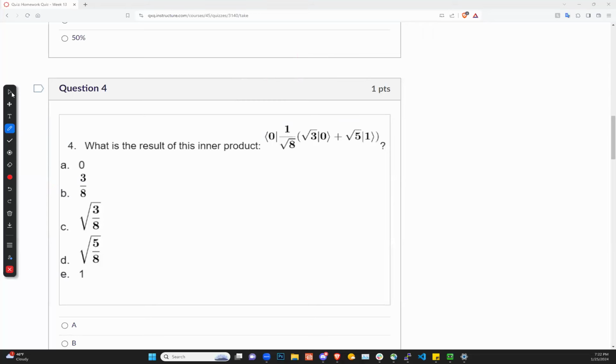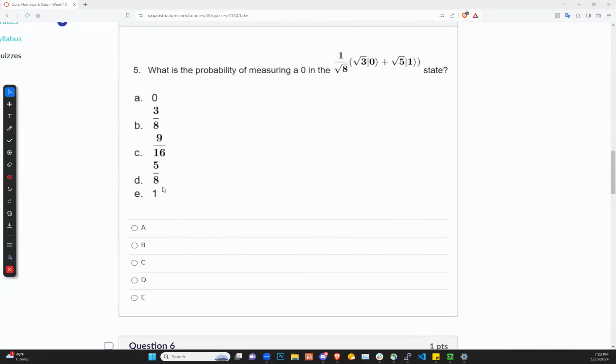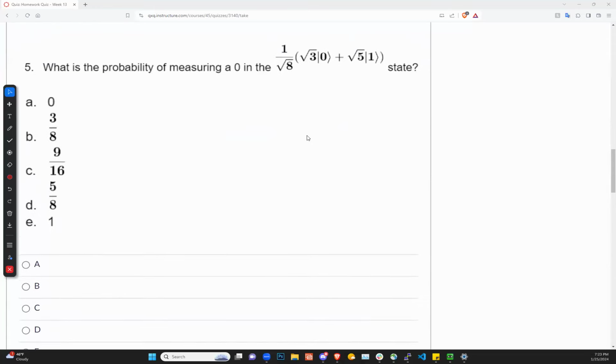All right, so let's take a look at question 5. What is the probability of measuring a 0 in the state given here? Born's rule for kets is actually really nice because it says that the square of the inner product of two quantum states gives us the probability of measuring that state.